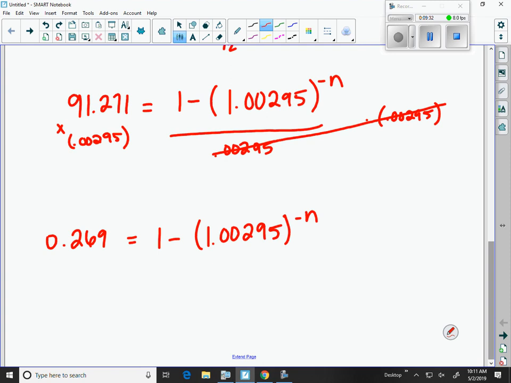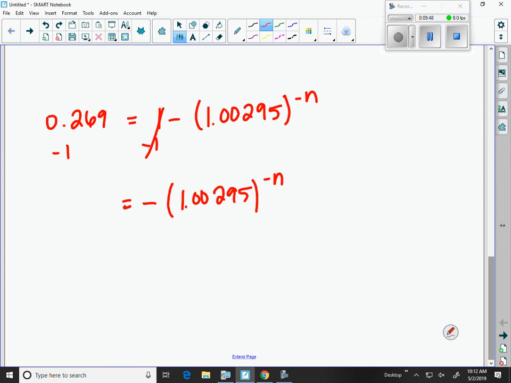We just need to get rid of this 1. So we're going to subtract 1 from both sides. That will cancel out. So over here, we're left with negative 1.00295 to the negative n. And let's see what we get on the left-hand side.